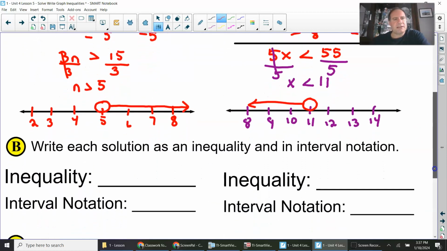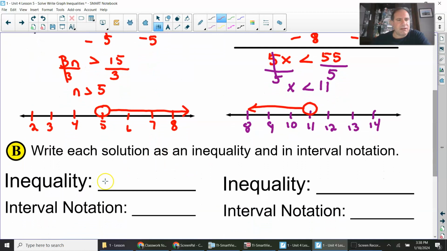Just to practice, the inequality is n is greater than 5. If you look at the graph, 5 is circled, and then it goes to positive infinity on the right side. The way you write interval notation is kind of like coordinates, but they're not coordinates.